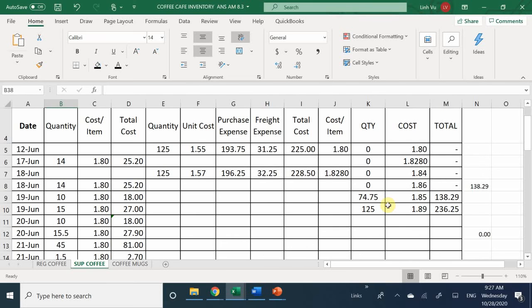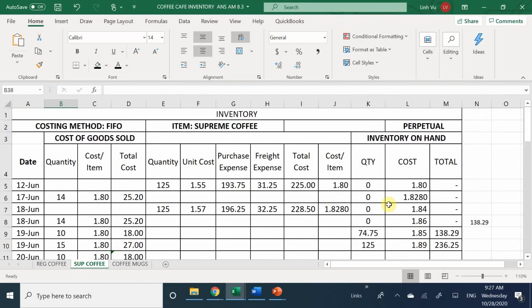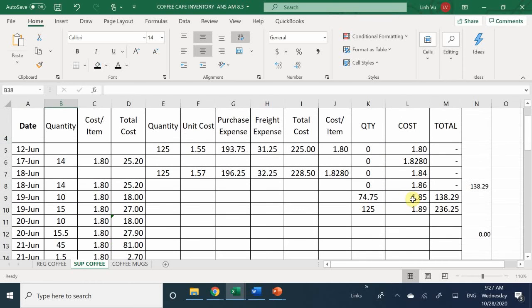Is it FIFO? Yes, it is FIFO. So we're gonna take this one first. 185.